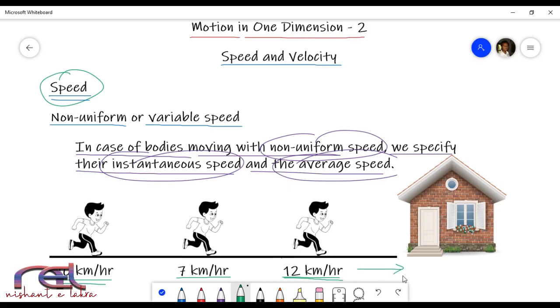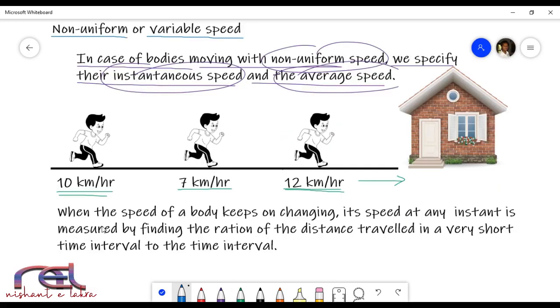Now by this, what do we understand? When the speed of a body keeps on changing, that's what variable means. Initially he was very excited to reach home early, then he slowed down, then he became excited again and started running at 12 km per hour.